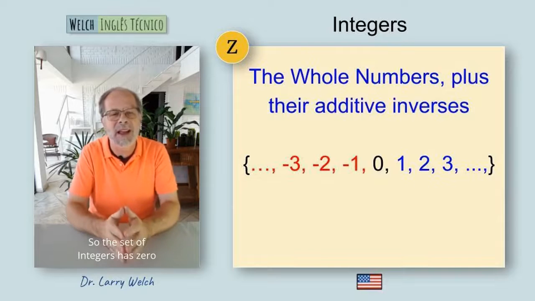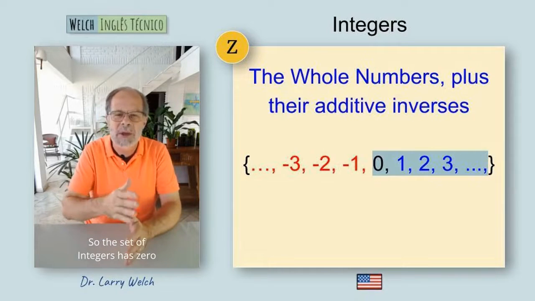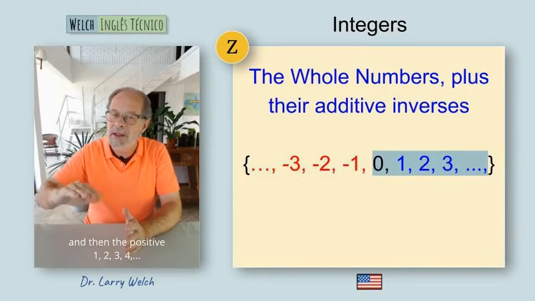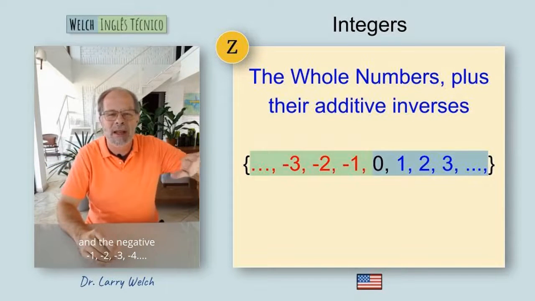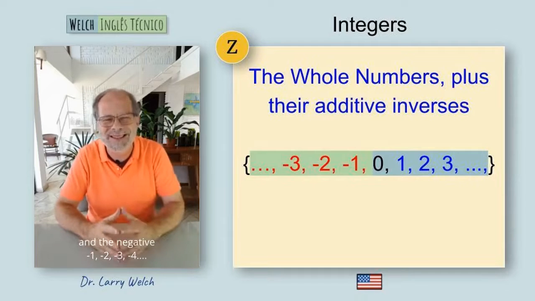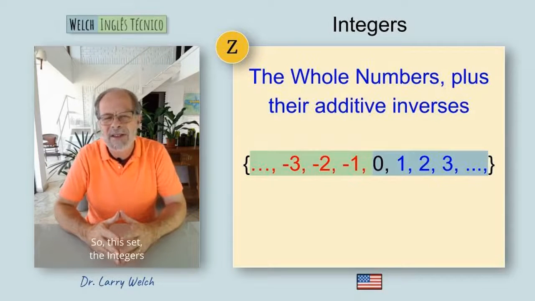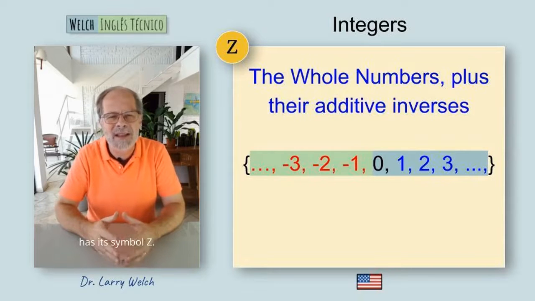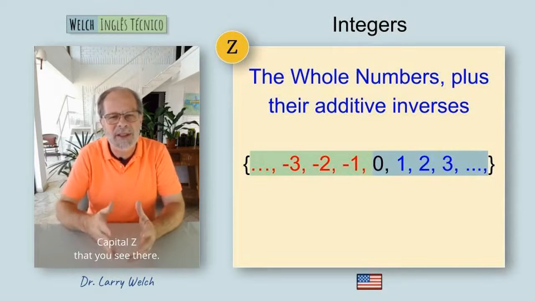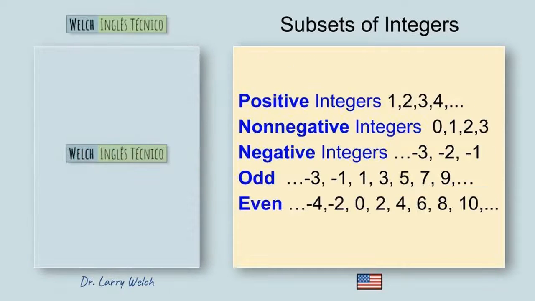So the set of integers has 0, and then the positive 1, 2, 3, 4, and the negative minus 1, minus 2, minus 3, minus 4. So this set, the integers, has its symbol Z, capital Z, that you see there.